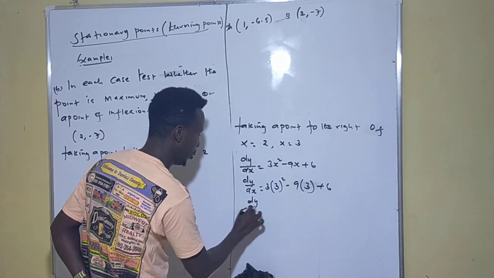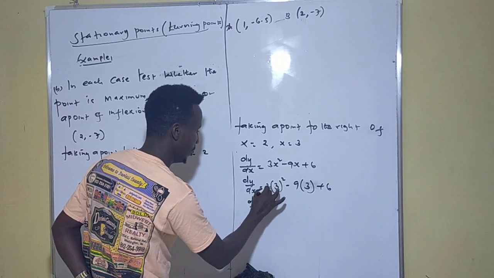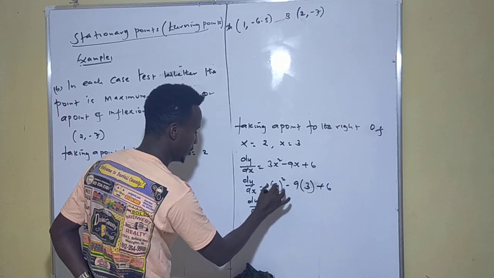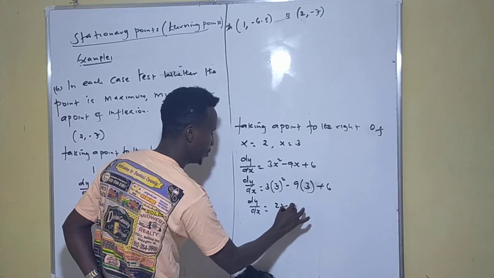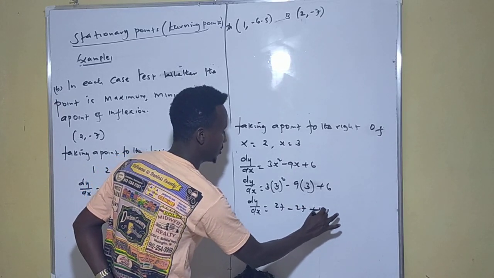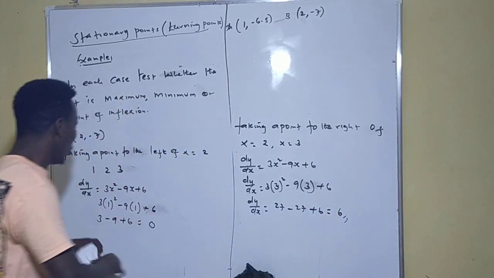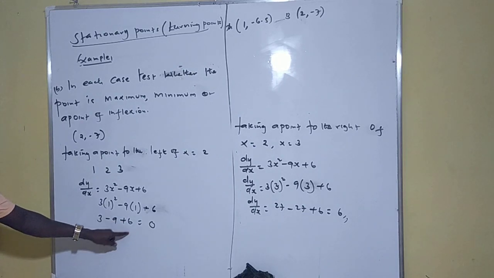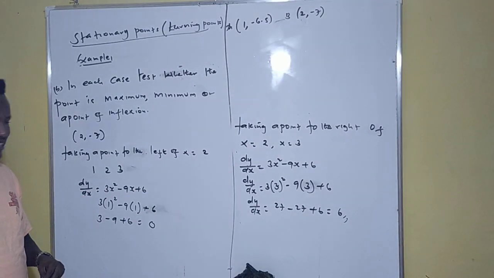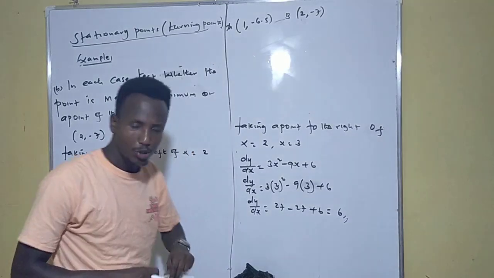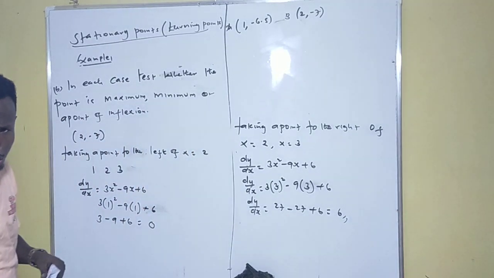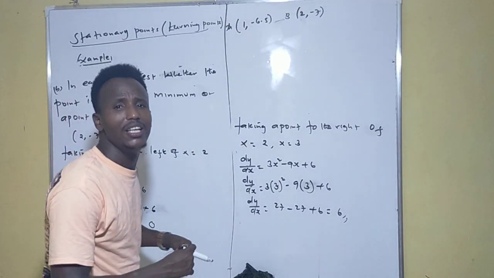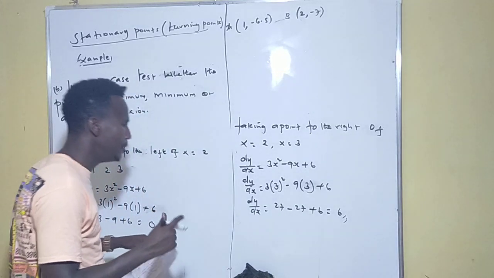That is 3 times 9, 27, minus 27, plus 6. So this will give us 6. So what's happening to the gradient function? It's increasing from 0 to 6. So an increase in the gradient function shows that the point is minimum.